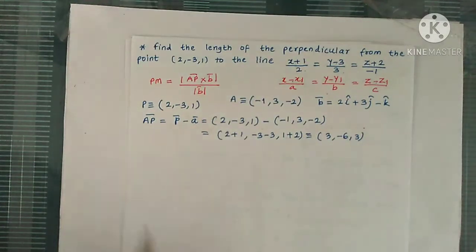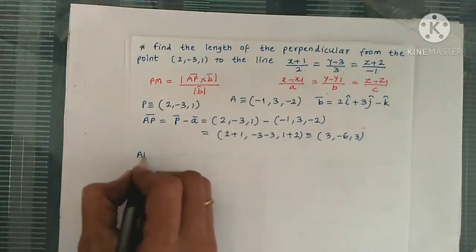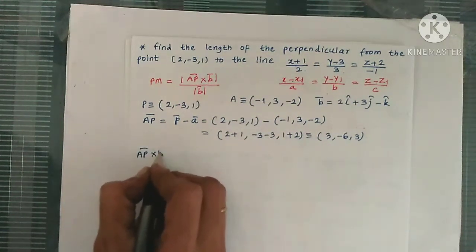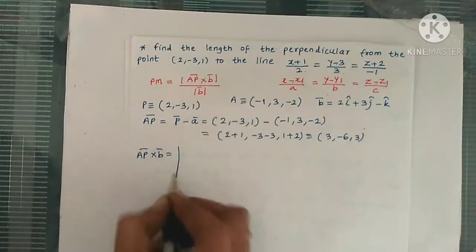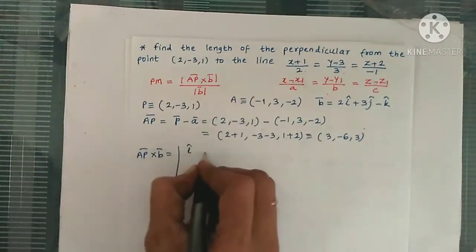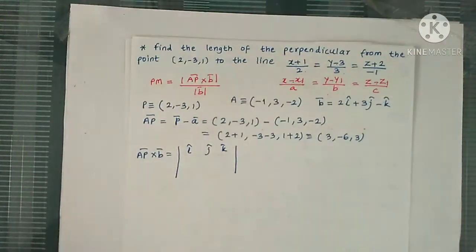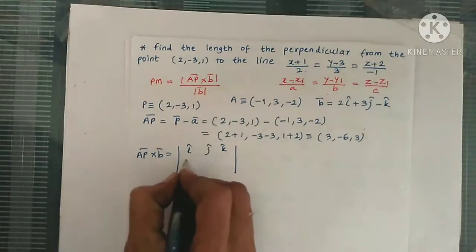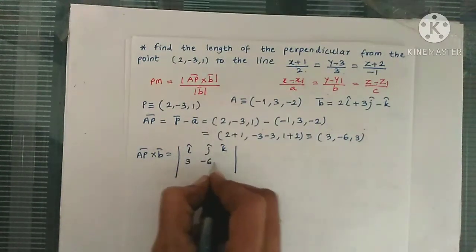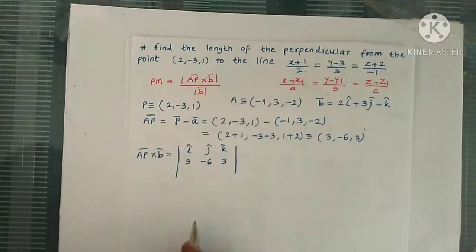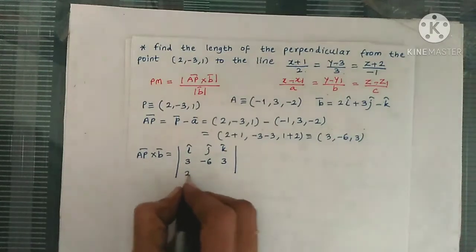Now the next one is, let's find out AP bar cross b bar. So AP bar cross b bar is i cap, j cap, k cap, the first row of the determinant. The next one is AP bar, which is 3, minus 6, 3. Next is b bar, 2, 3, minus 1.